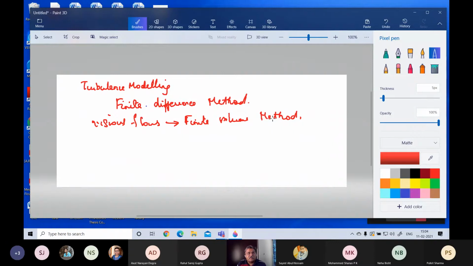When you start up Ansys Fluent, you see a lot of terms coming up. Do you want to use this? Do you want to use this? You should know what it means. By the time the course is over, you should have a good idea about all those things. That is the way in which I structure the course.